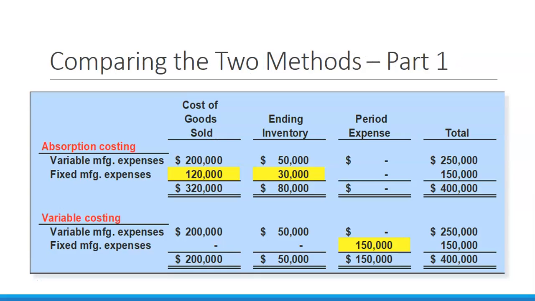When we compare these two, the total value of inventory is essentially the same. When we look at the total cost of our variable manufacturing expenses and our fixed manufacturing expenses, it adds up to the same amount. What variable costing versus absorption costing does is change how much of that overhead is sitting in our ending inventory versus how much was expensed out during the period.